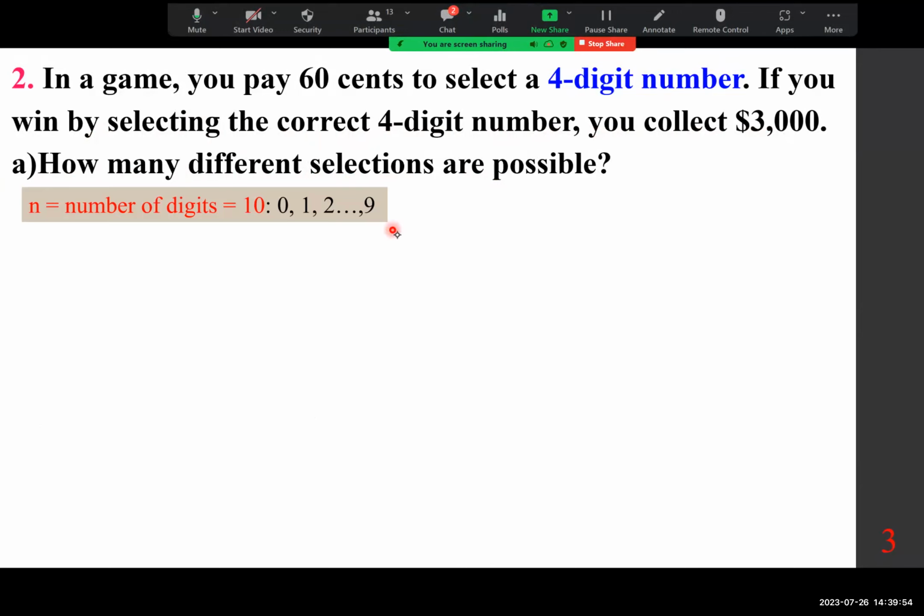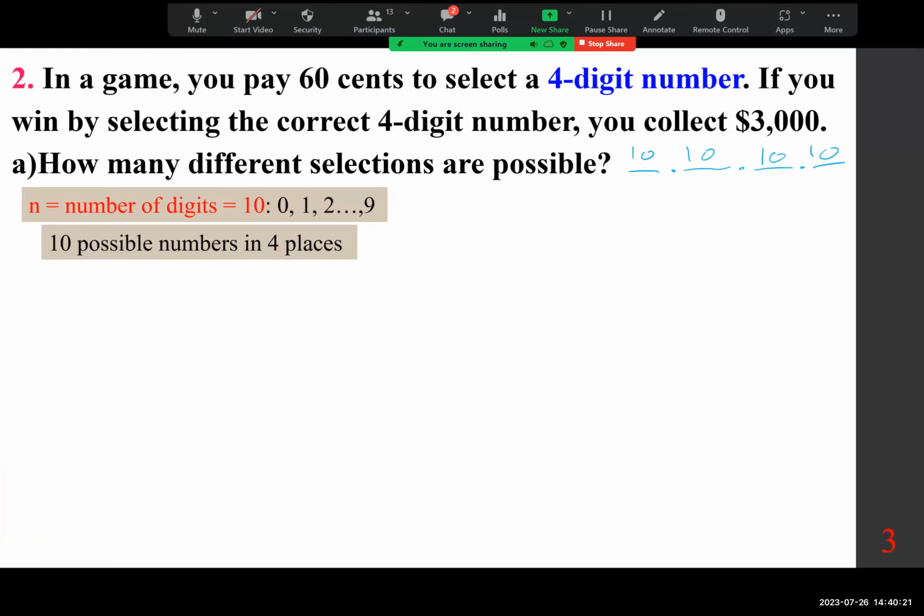So there are 10 possible numbers, and there are 4 spots. Each one could take 10 different values. So they can repeat. There are no restrictions. 10 to the power of 4, or 10,000, is the answer.